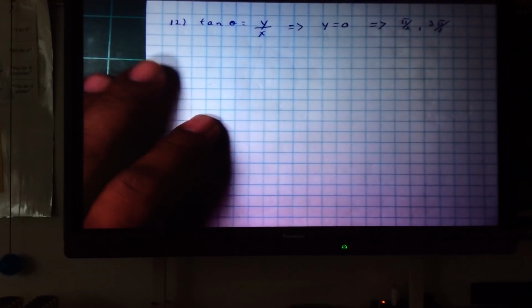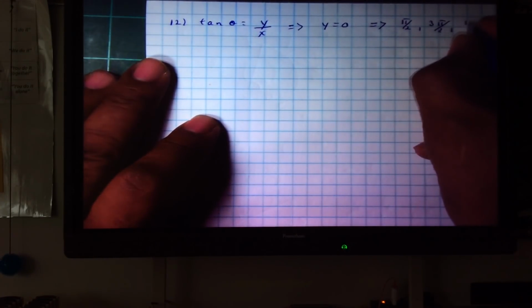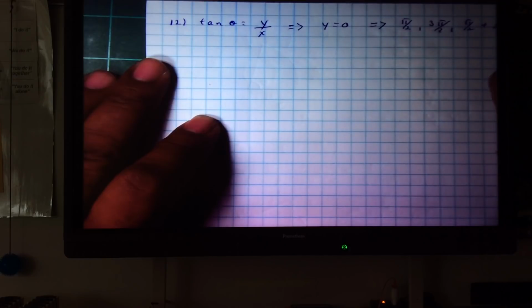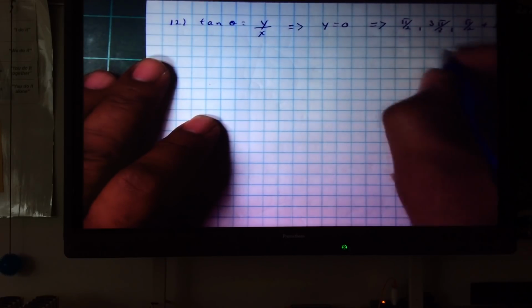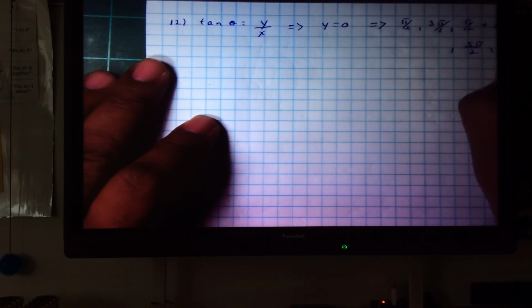We've got to go around again. So when we get to pi over 2, we're going to have pi over 2 plus 2 pi, and then 3 pi over 2 plus 2 pi. Now if I convert that, I'm going to get 2 pi is the same as 4 pi over 2. I'll get 5 pi over 2. And here I'll get 7 pi over 2.